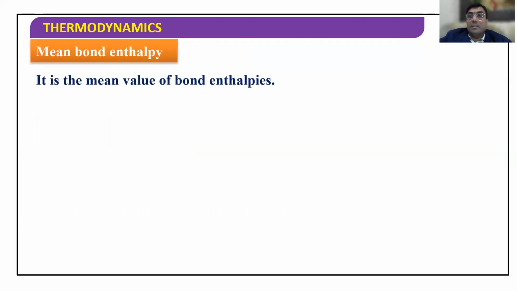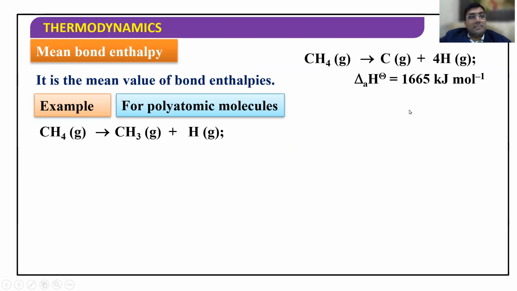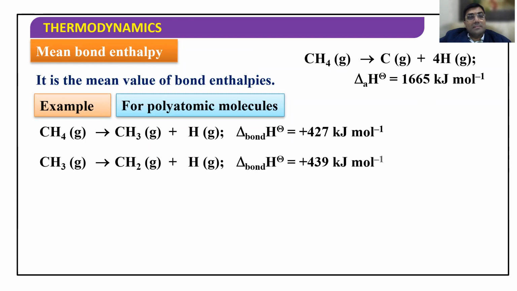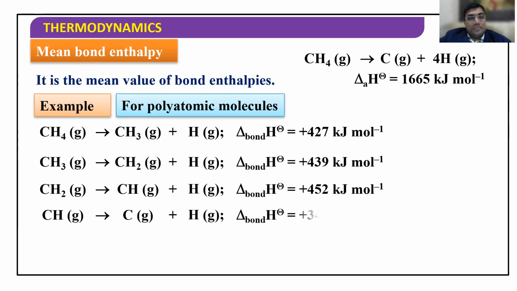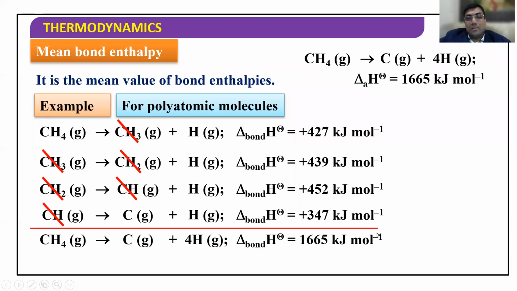Mean bond energy means, listen, the mean value. CH4, for example. In CH4, how many CH bonds are there? 4. The total energy divided by 4 you take. That is the bond energy of the CH bond. This is the total, 1665. Are you clear or not?